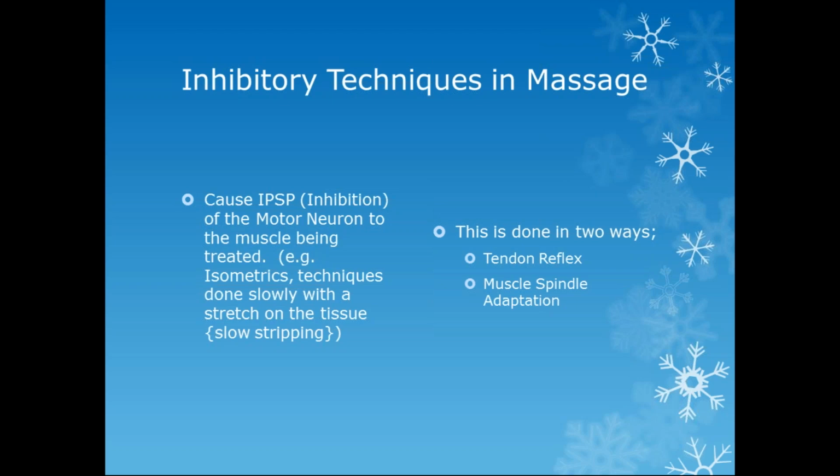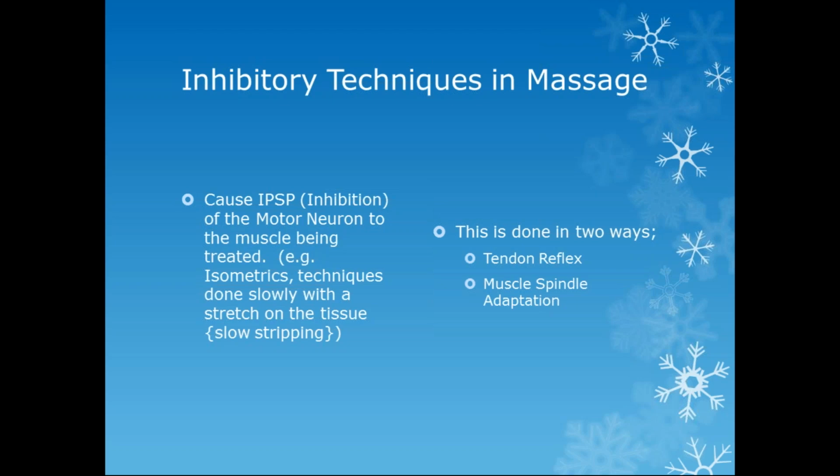To get an inhibitory technique to work, it's actually done in two ways. You elicit the tendon reflex, which we know causes inhibition of the motor neuron to the agonist muscle. But we also get muscle spindle adaptation.